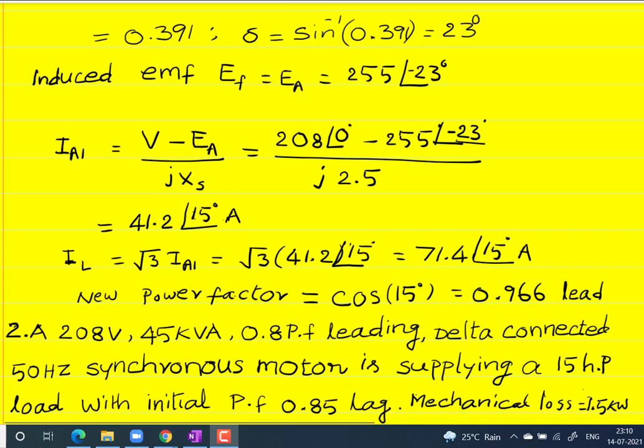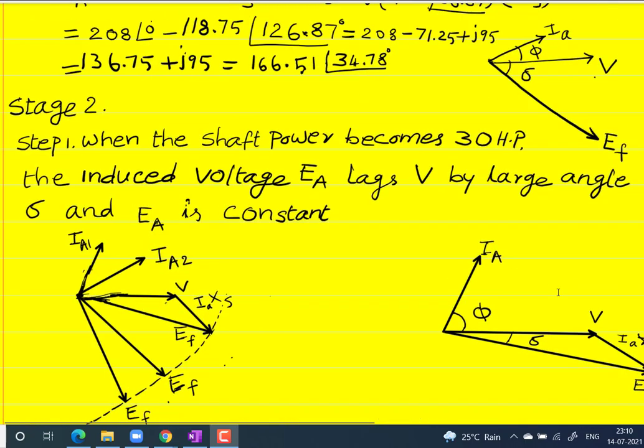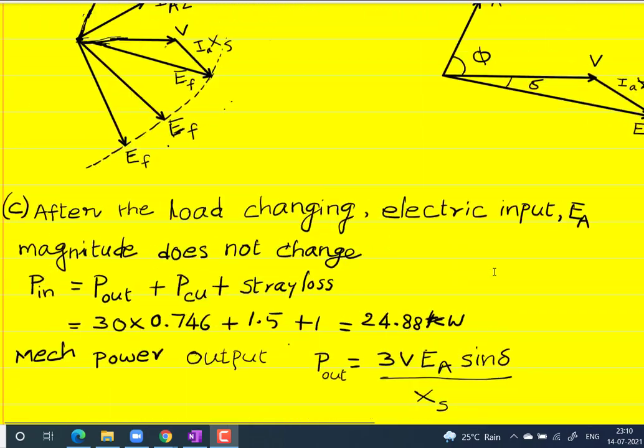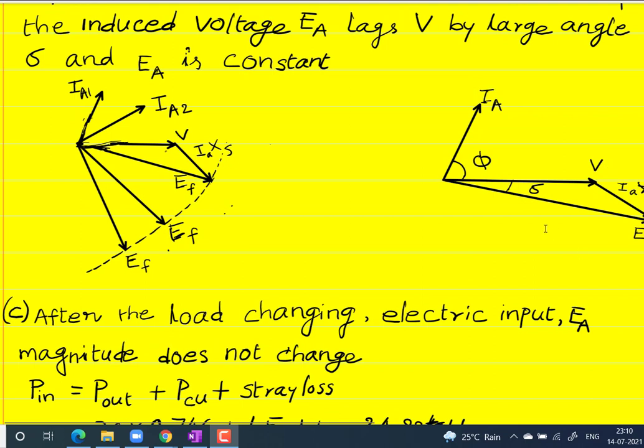Since we know the angle phi, we can calculate the power factor, that is cos 15 degrees, which is nothing but 0.966 leading. So we can see here, this armature current is leading the voltage by phi.